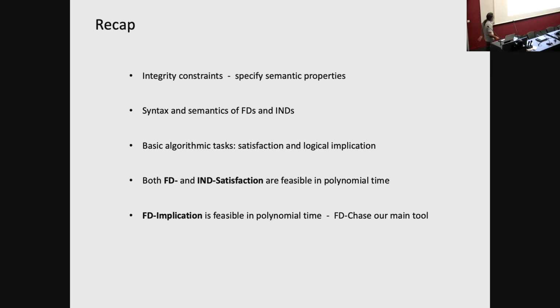Just implement the semantics. And we have seen that the implication problem for functional dependencies is in polynomial time by heavily exploiting this tool that we call the chase. Now, what about inclusion dependencies? This is what we are going to do next. Things are getting a bit more complicated there, but maybe it's a good point now for a break.